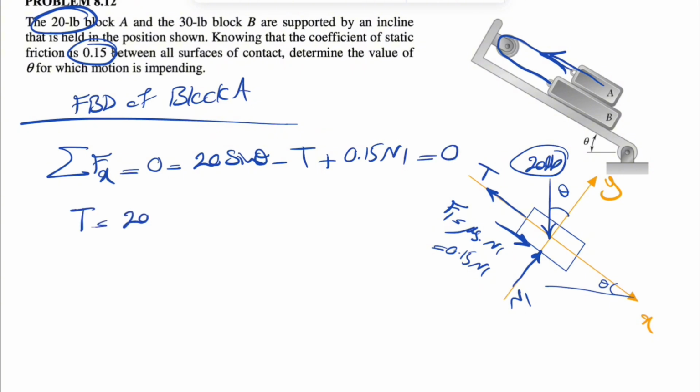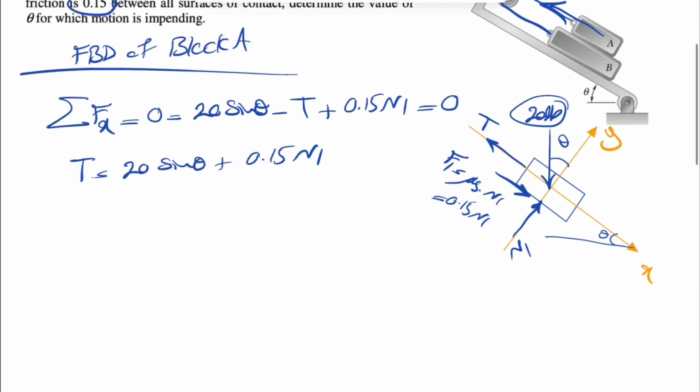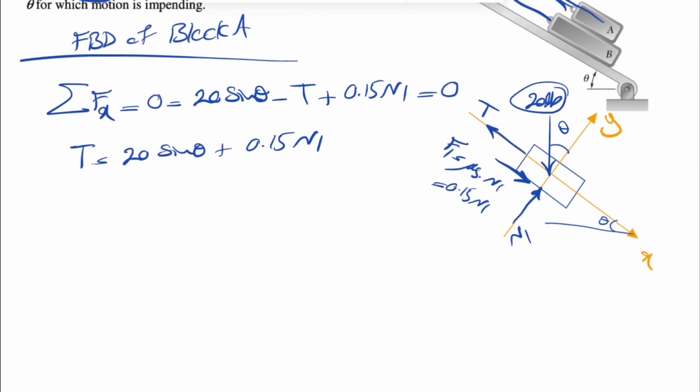So our T here would be 20 sine of theta plus 0.15 N1. That's what we get from the sum of all forces in the X direction.